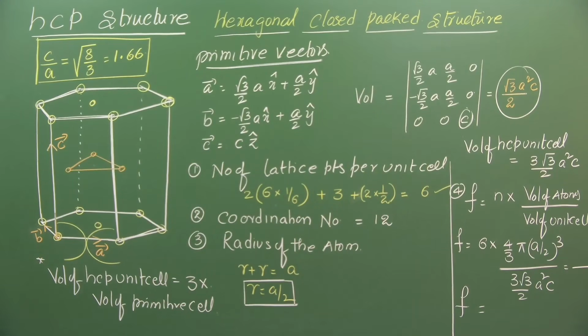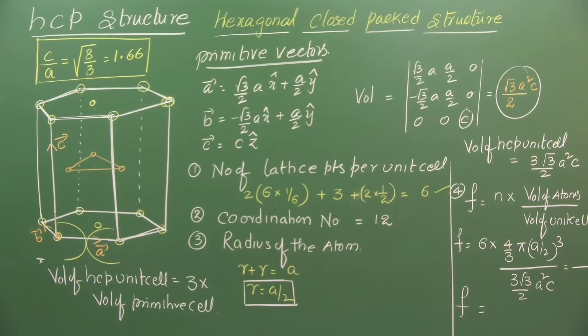Please remember, the volume of the HCP unit cell is 3 times the volume of the primitive cell. While you are doing the problems, you must remember all these properties, mainly the radius of the atoms, don't neglect. In simple cubic, the radius of the atom is A by 2.